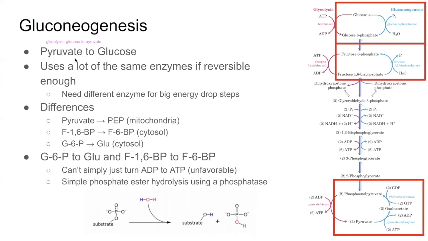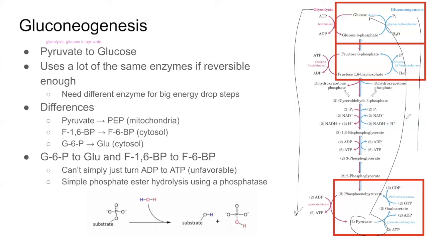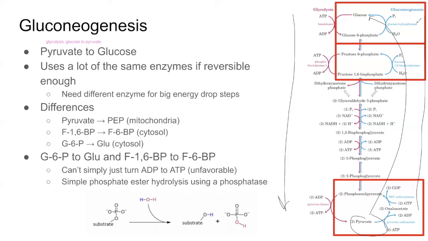And so what I hope you guys appreciate before we start is that one, the pyruvate turns into glucose in gluconeogenesis. So in this drawing right here, the glycolysis step is on the left, and then the gluconeogenesis step is on the right. The other thing to note is that glycolysis runs this way, glucose to pyruvate, whereas gluconeogenesis runs upward, pyruvate to glucose.